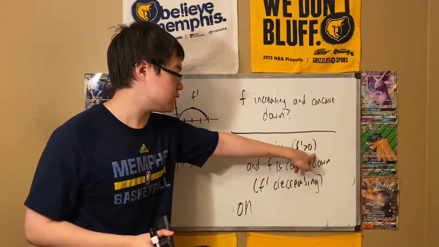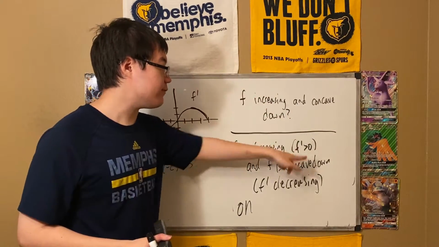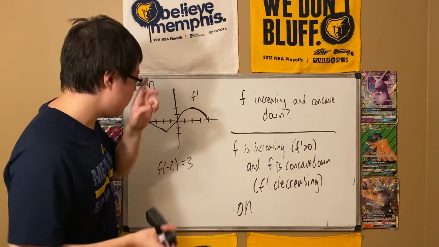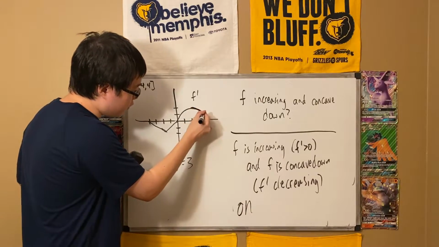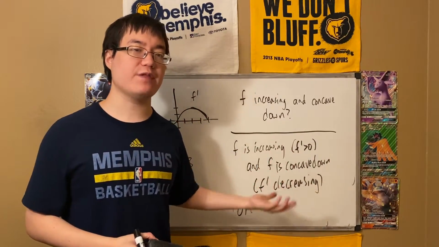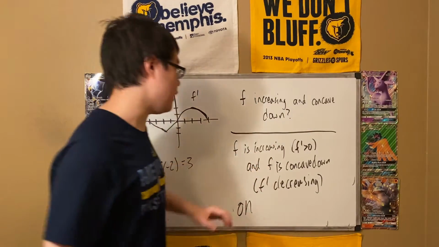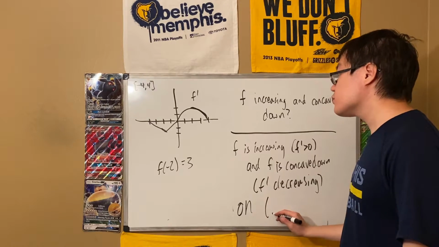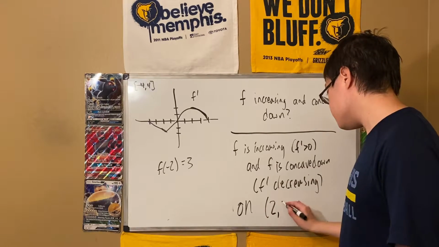That means that f prime is greater than 0, which means f is increasing. And also because f prime is literally going down, which means that f prime is decreasing, that would tell me about the graph that I never draw, that f is concave down. So in this case, the answer would be from 2 to 4.